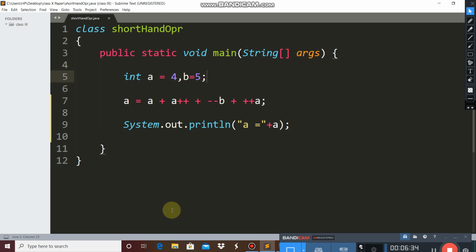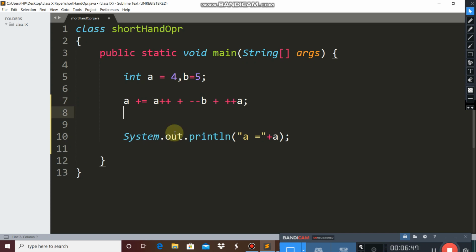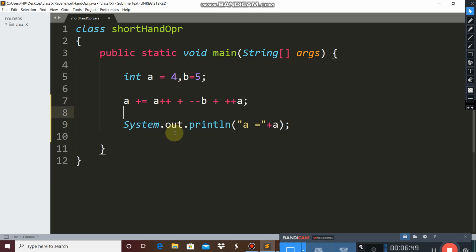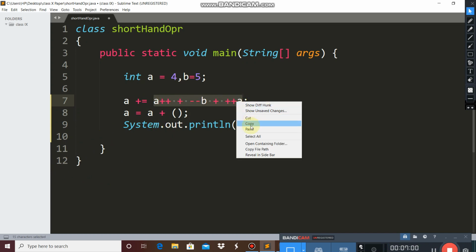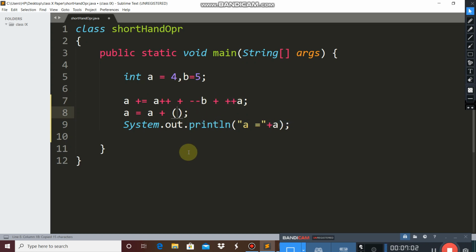Now I would like to use the compound assignment operator, which is the equivalent. Here I would like to remove this and write a plus equals to, which is the equivalent expression of the previous one. For the Java compiler, the expression will become a plus within brackets the whole expression, so copy this and paste the expression here.